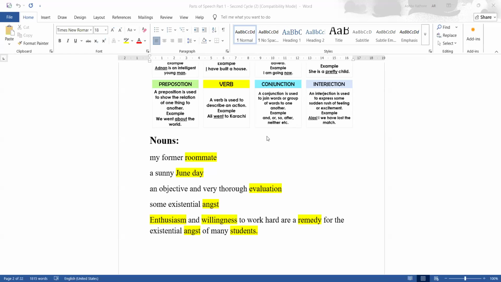Abstract nouns. What are abstract nouns? Usually something that is metaphysical, which we cannot really physically touch. It's not concrete, it's more abstract. Angst, enthusiasm, willingness, absurdity, absurdism. What are all these?